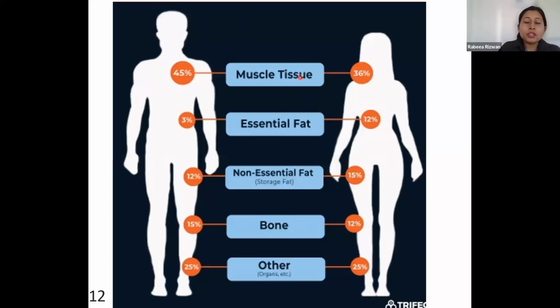The normal muscle composition in a male is 45%, while in a female it is 36%. If these are abnormal, then there is a suspected chance of some abnormality. Though keep in mind athletes and obese persons, because sometimes athletes have good muscle mass rather than fat mass.